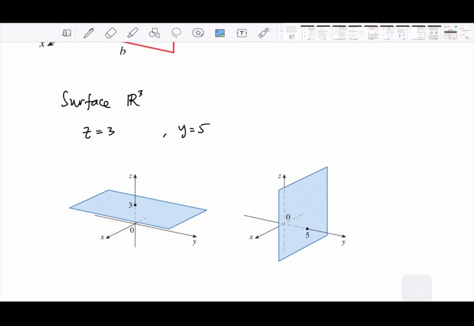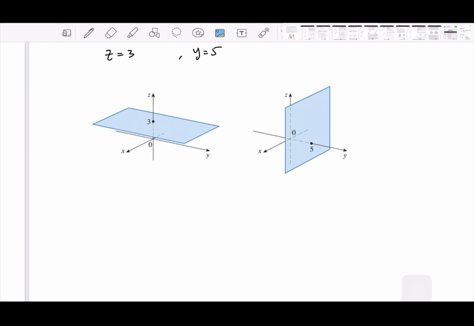This plane is not restricted. It extends to infinity, but it will be crossing at z equal 3. So instead of a line, we have a surface. We also have y equal 5 here, the same kind of surface. So whenever you have these terms in 3 dimensions, you will have a surface. Okay, so that's the introduction.